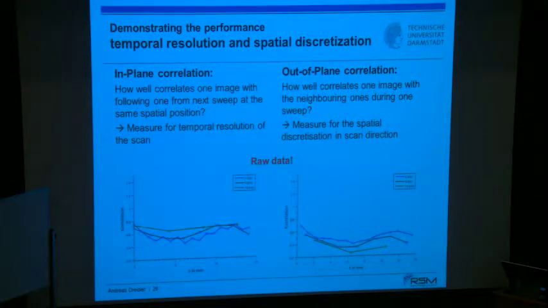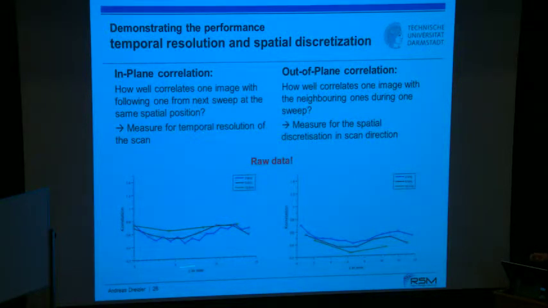If you would have an extremely fast sweep, then the flow would not have changed remarkably. Given the resolution you have, you would have a very high correlation. If the flow has changed a lot in between, your sheet comes back and the flow has changed and the correlation is low. And so, of course, you expect the higher the scan rate, shown green for 10 kilohertz, the better the correlation.